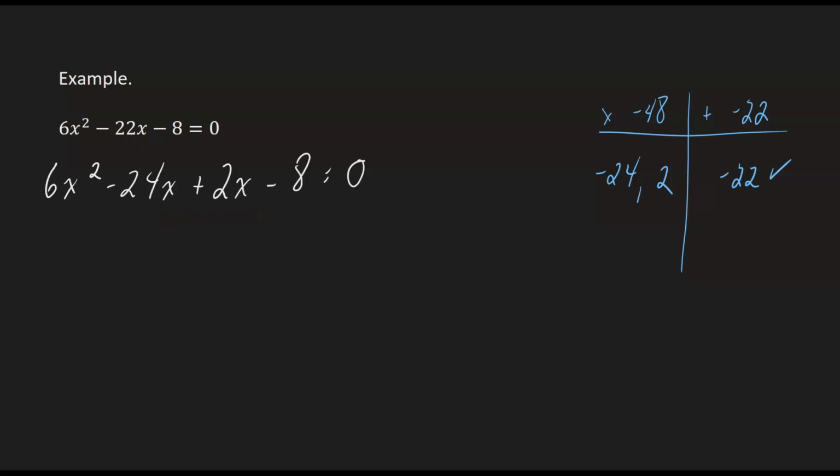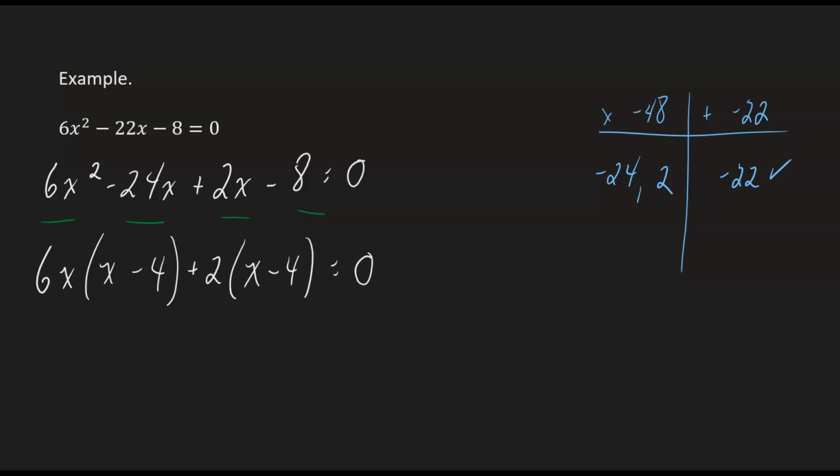And we want to factor the first 2 terms. Find the common factor there, and I have 6x, x minus 4. And then we factor the last 2 terms, and we have, let's see, plus 2, x minus 4 equals 0.